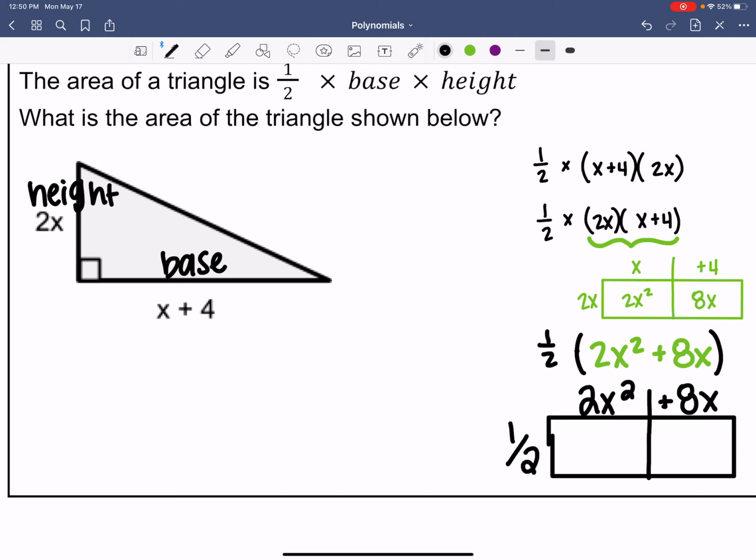Okay, so 1/2 times 2x squared, 1/2 times 2 is just 1x squared, and then 1/2 times 8 is 4x.